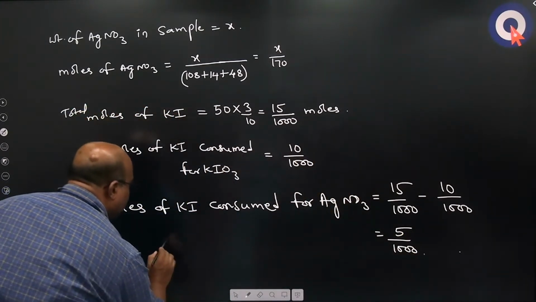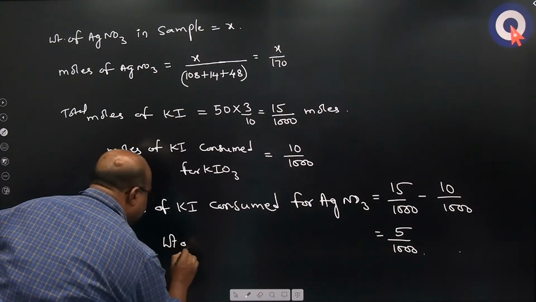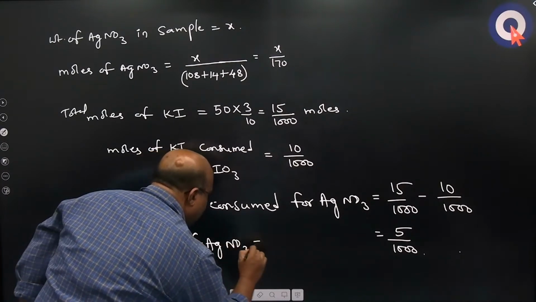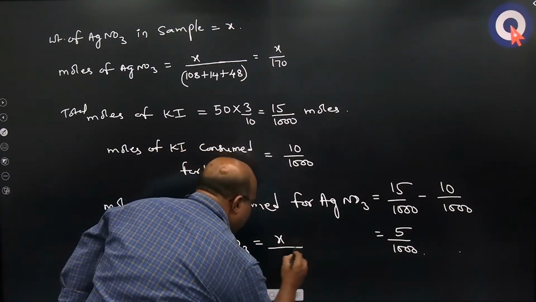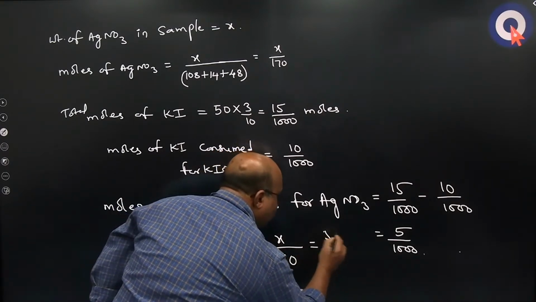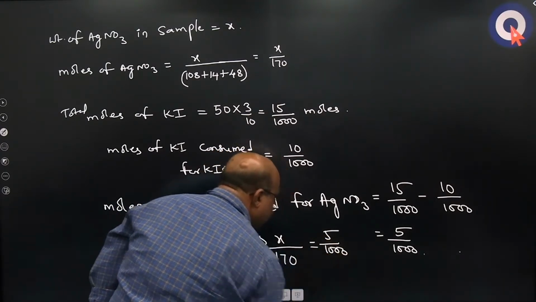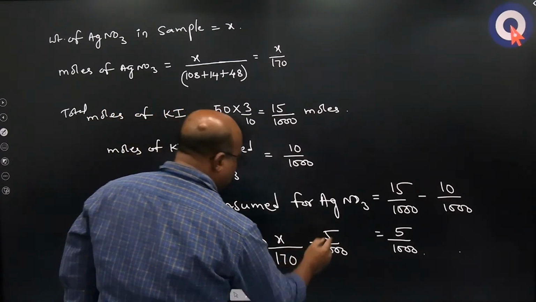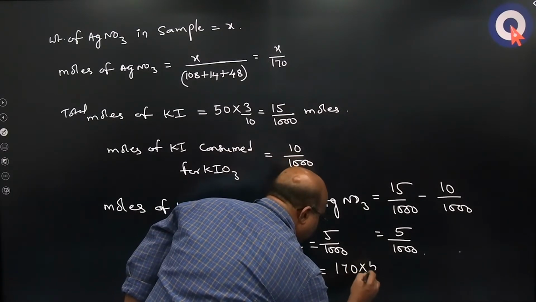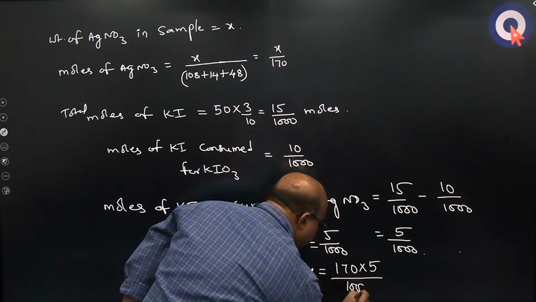So what should be the weight of silver nitrate? X by 170 should be equal to 5 by 1000. So X is equal to 170 into 5 by 1000.